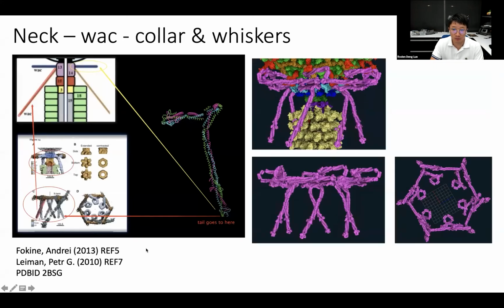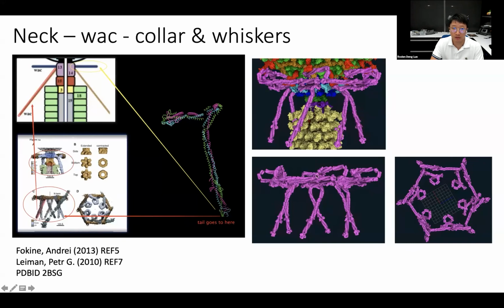For the whiskers, we based our model on this image shown here. We made the WAC here, those WAC touching the GP14 that goes inside this ring.